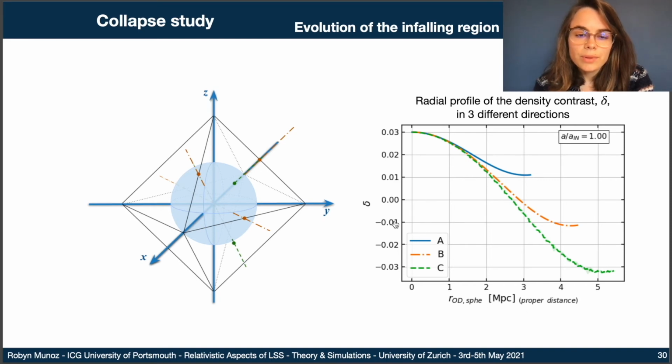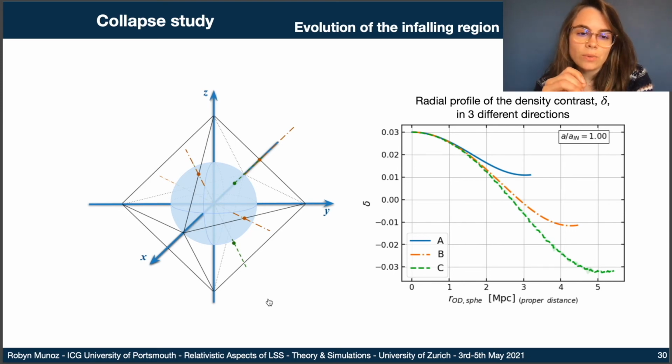Now remember, we're working with a quasi-spherical distribution, and so the direction you're looking in from the peak of the overdensity matters. That's why we are considering 3 different sets of directions. A, the first one, is along the main axis, x, y, z, around the peak of the overdensity.